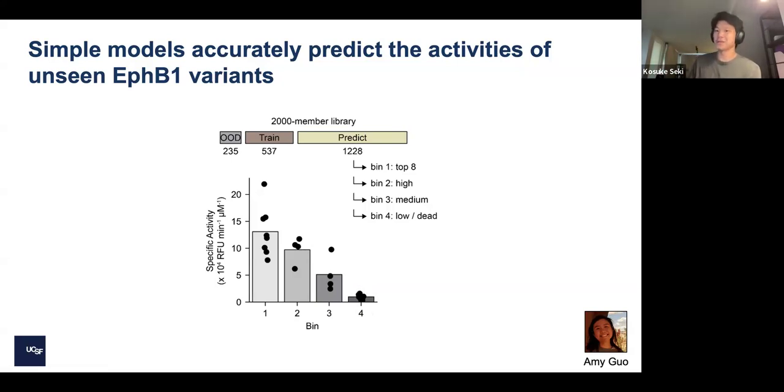All these variants don't work. And so this model is quite predictive of the variants that we see. I would say the model appears to learn important relationships in the sequence function landscape, and it can then use what it has learned to predict the activities of things it has never seen before. So we think that's really, really cool.